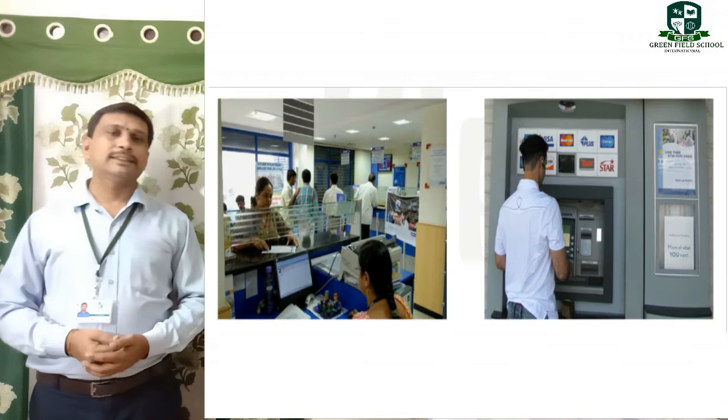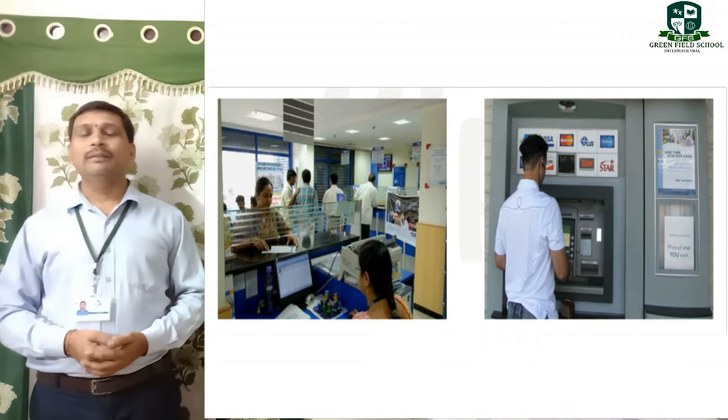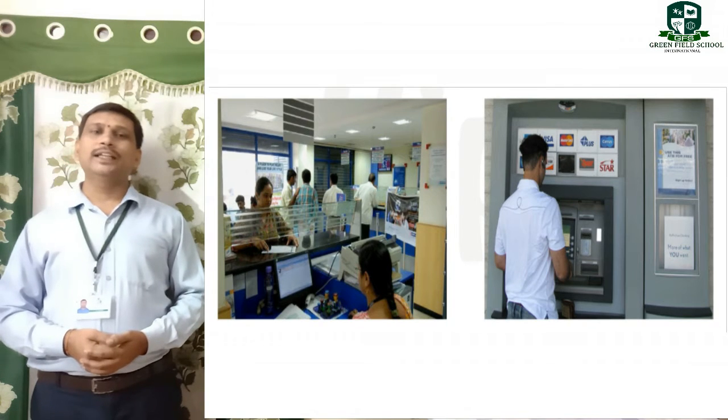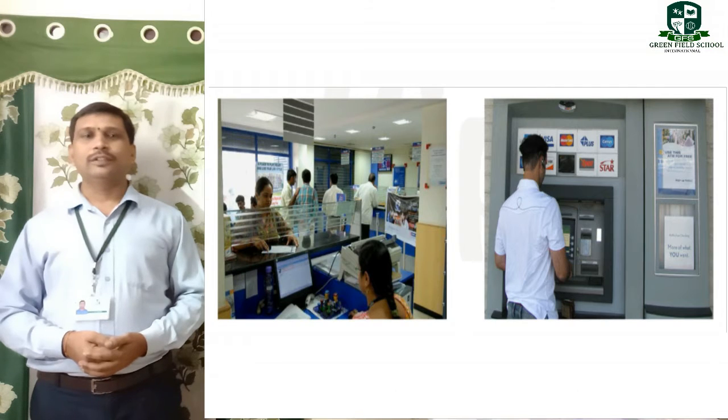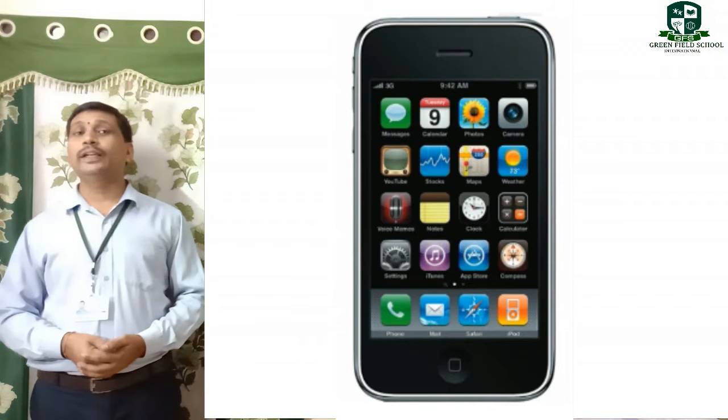Networks of banks and ATM machines, that is automated teller machines, are computer networks used in our day-to-day life. Telecommunication systems, meaning mobiles and telephone systems, also use networks.